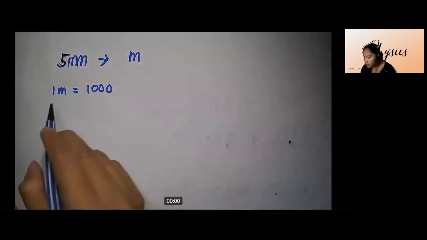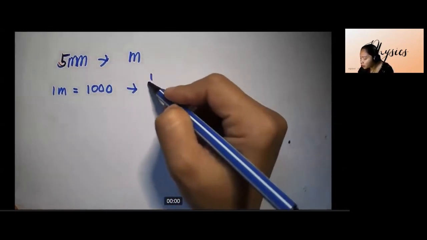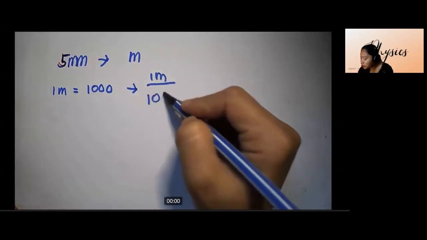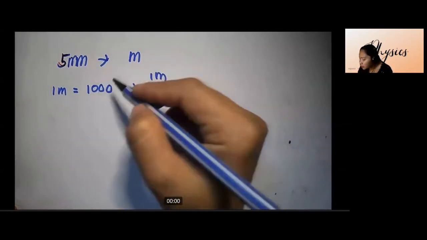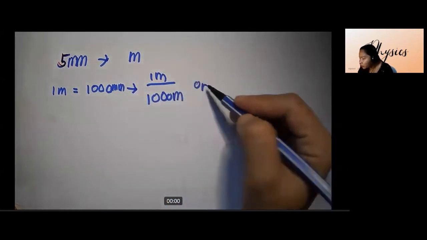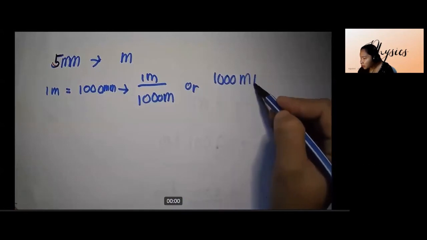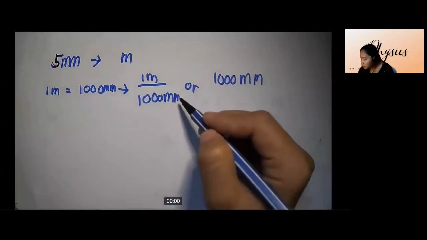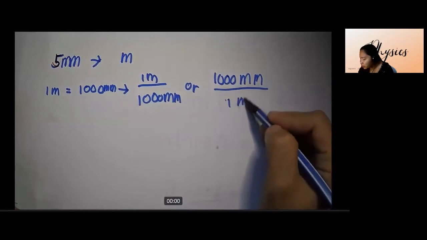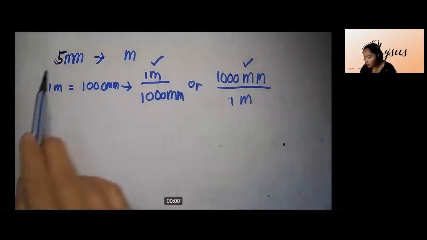So we will use this conversion factor. The conversion factor can be 1 meter over 1,000 millimeter, or we can also use 1,000 millimeter over 1 meter. It's either this one or this one, depending on the given.